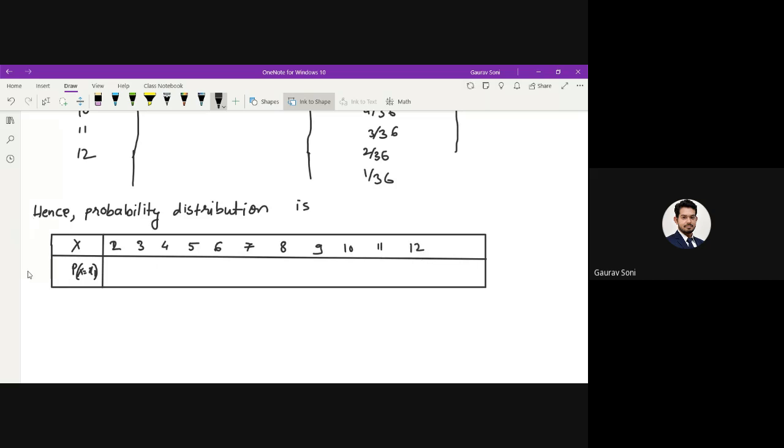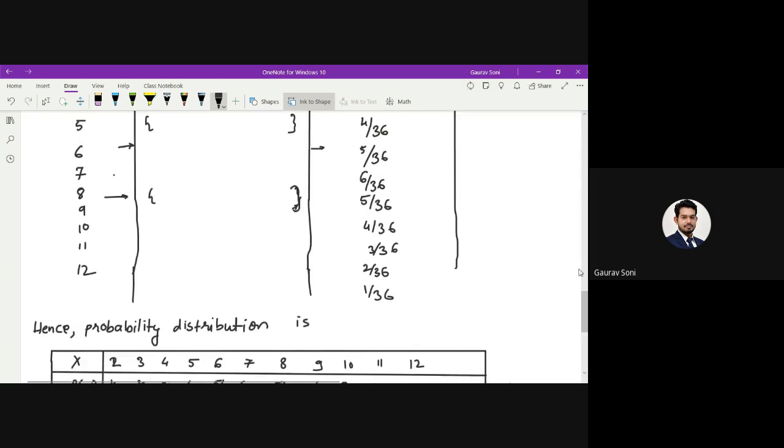And the probabilities are 1 by 36, 2 by 36, 3 by 36, 4 by 36, 5 by 36, 6 by 36, again 5 by 36, 4 by 36, 3 by 36, 2 by 36, 1 by 36. This is the complete probability distribution.